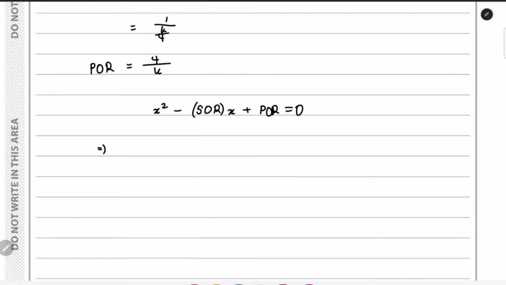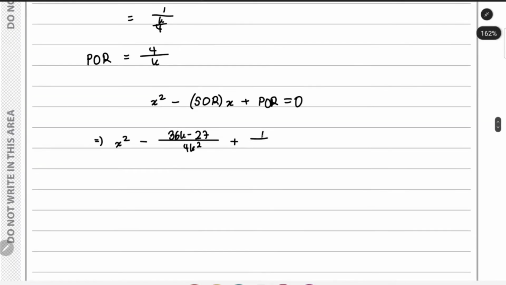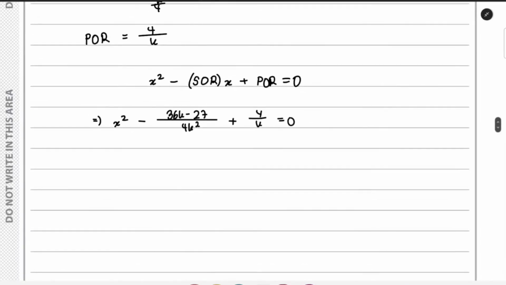I have x square minus 36k minus 27 divided by 4k square, plus 4 by k equals 0. Now I cannot keep it in this form since they want us to give the answer in integer multiples of k. So I can multiply both sides with 4k square to get rid of this.